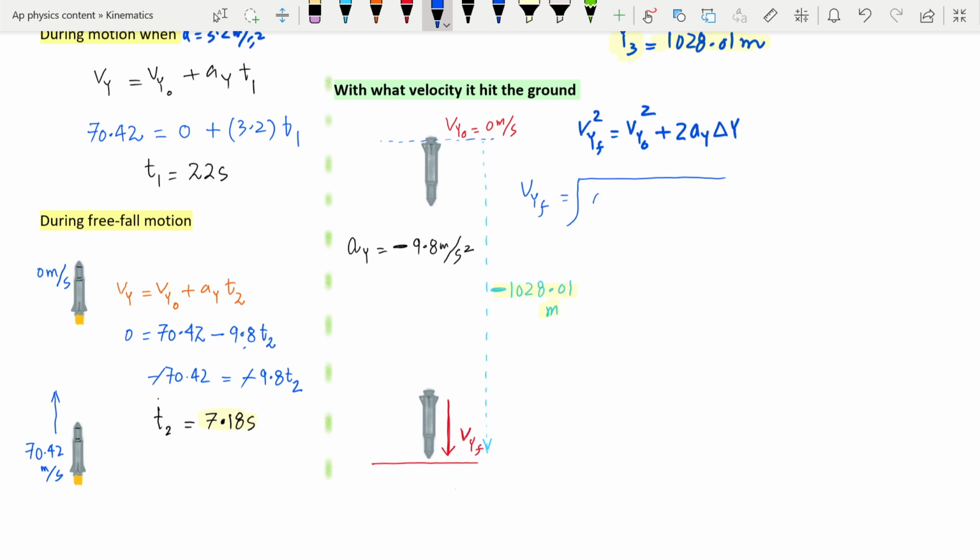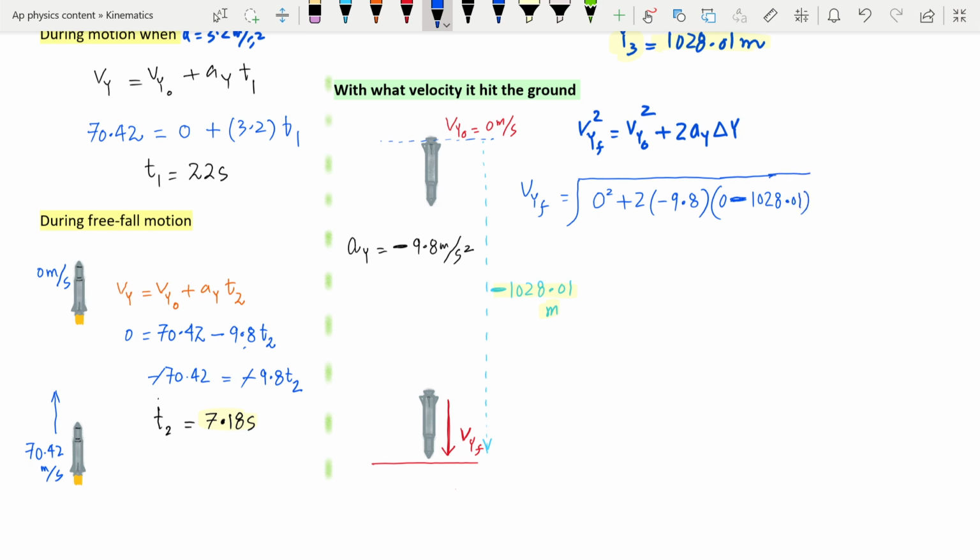Initially it was at rest because it was at its maximum height, plus 2 into negative 9.8, into the final position, which is 0 because it is now at the ground, minus the initial position, where it was at a height of 1028.01.